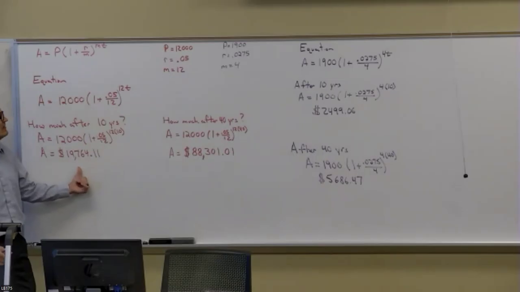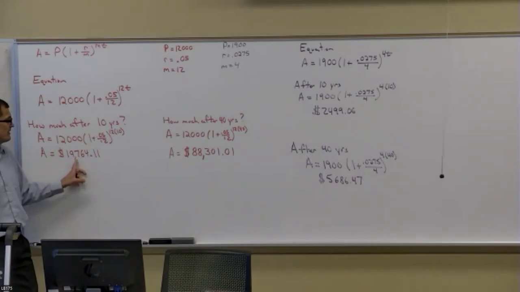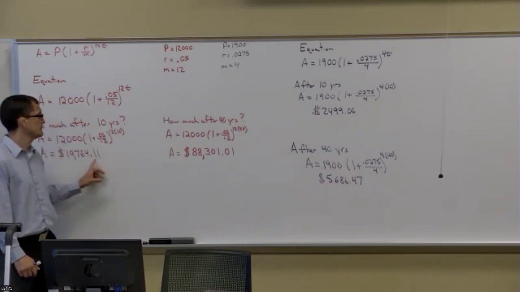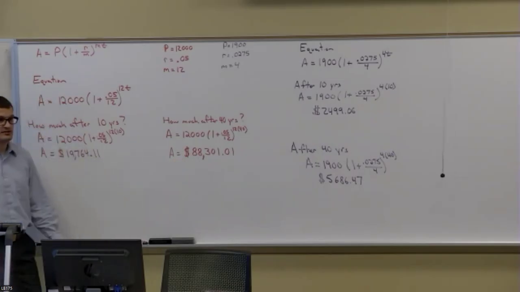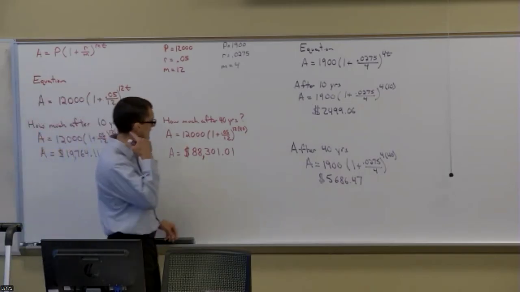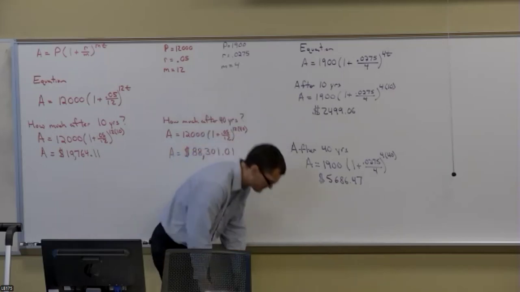Even at something like 5%, that's not a huge growth rate by any means, but going from waiting 10 years to waiting 40 years is a really big difference. So the time you leave that money in to accumulate interest is a big deal.